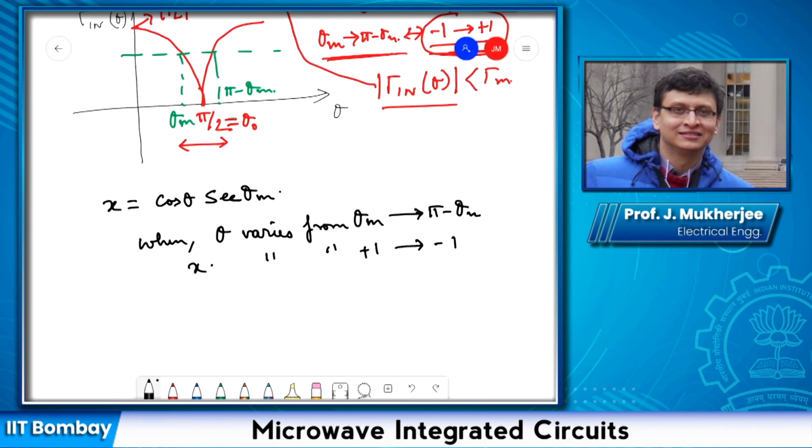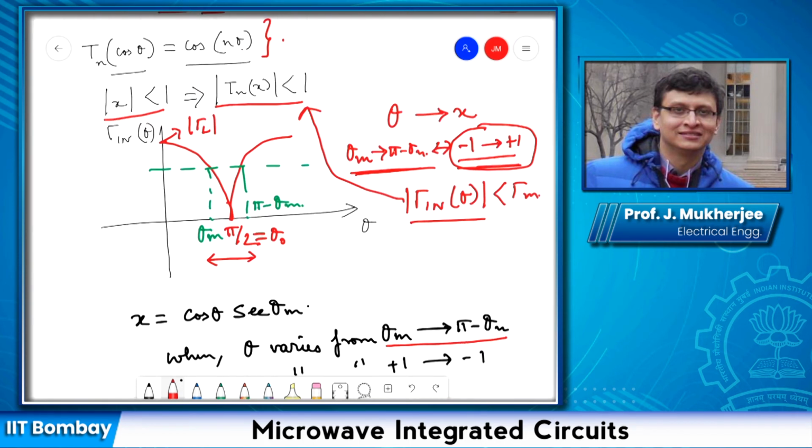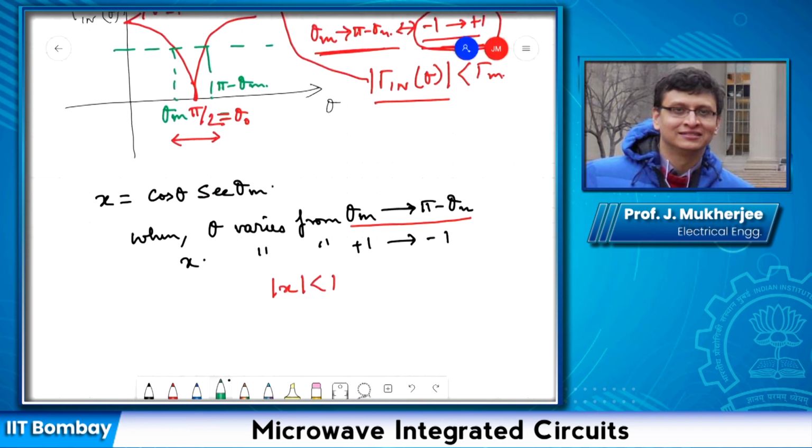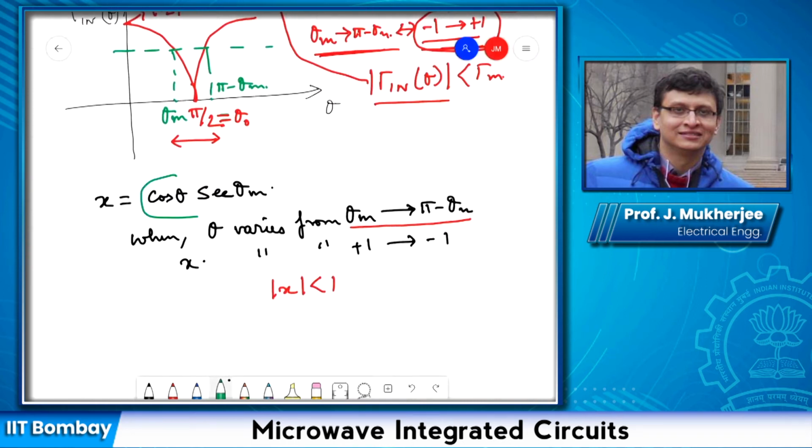For all other values of theta lying between theta m and pi minus theta m, modulus x will be lesser than 1. So this first requirement is satisfied. So henceforth, we will take our argument as this quantity, cos theta sec theta m.